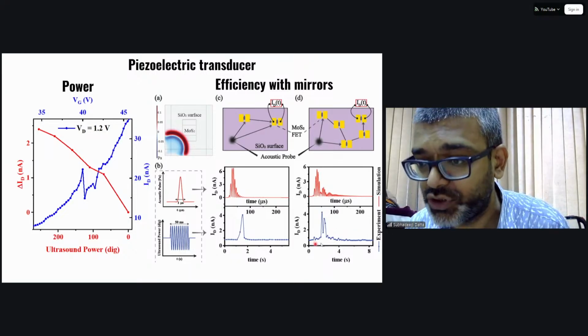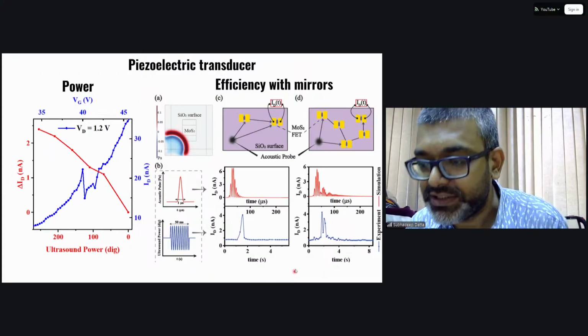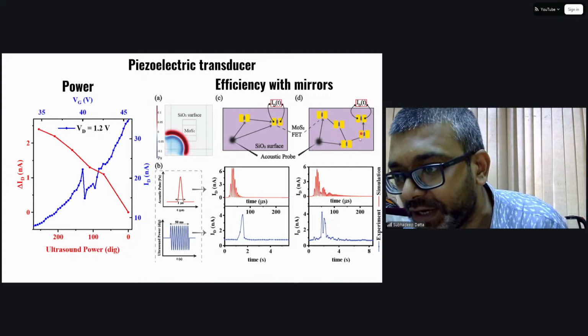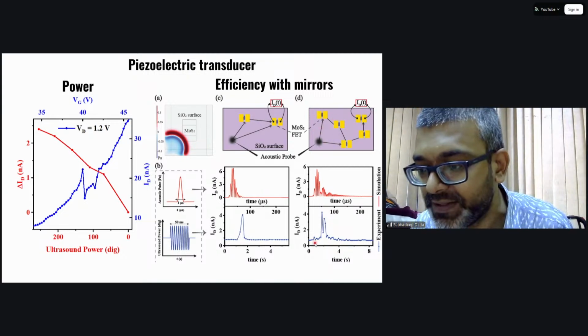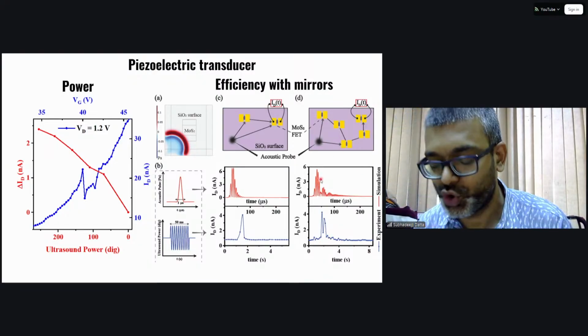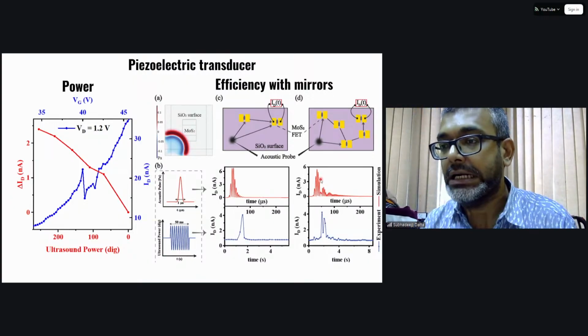Now that is what actually happens in our experiments and in theory. So as you can see here, this is the first hit, and if you have different circuits, multiple reflections happen, so you have dips, and simulation also shows the same. You have a broader peak in case of different electrodes.